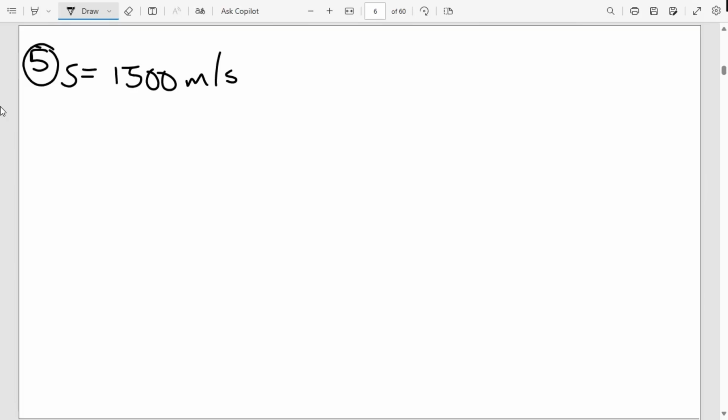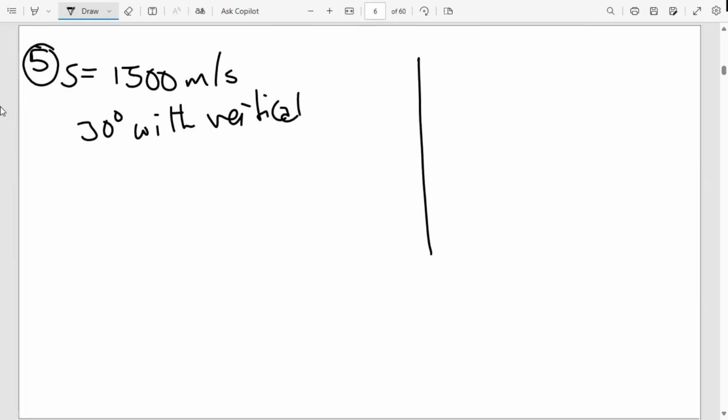Then they've told us it has an angle of 30 degrees with the vertical. That means I have my vertical axis here, and there's this theta which is 30 degrees, and that is the direction of our ultrasound wave. So it is making this angle with the vertical and not the horizontal. That's one thing we're supposed to take note of.